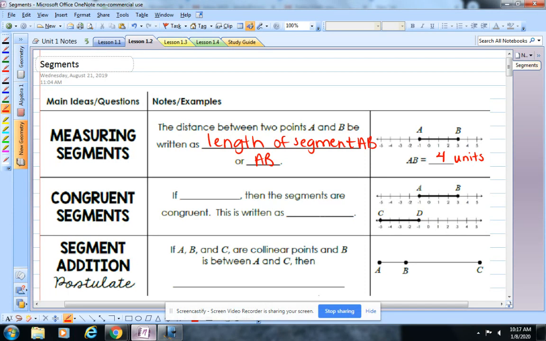Congruent segments. Here's another symbol we need to add to our sheet that we're going to see lots and lots. A squiggle on top of an equal sign means congruent.